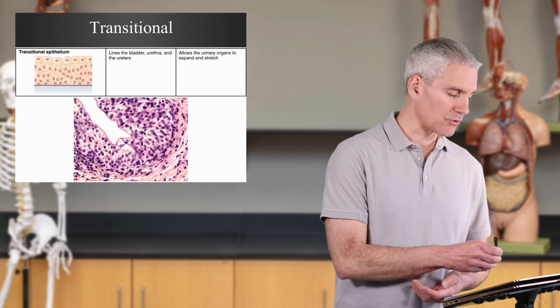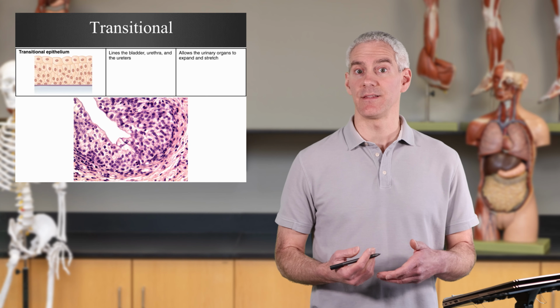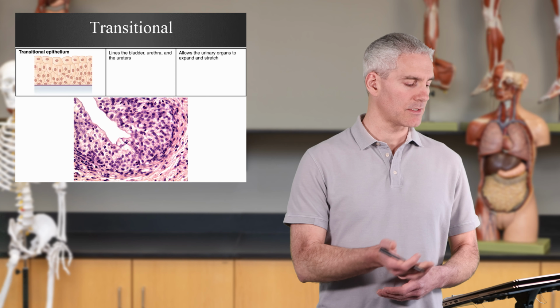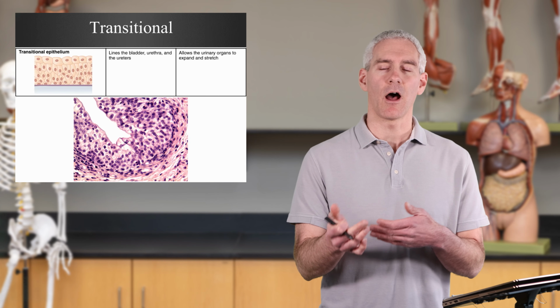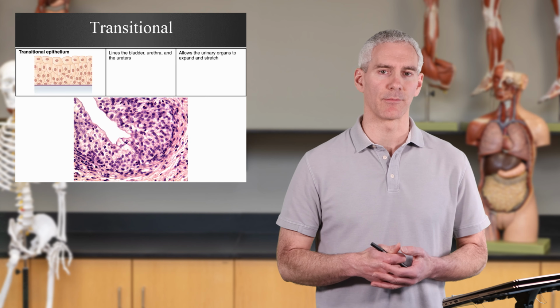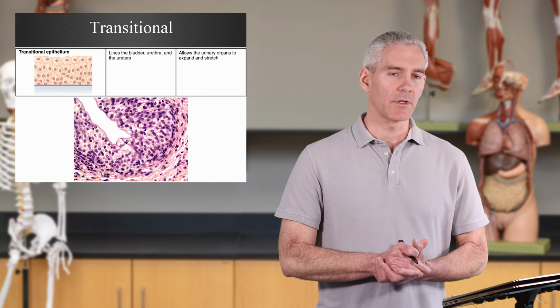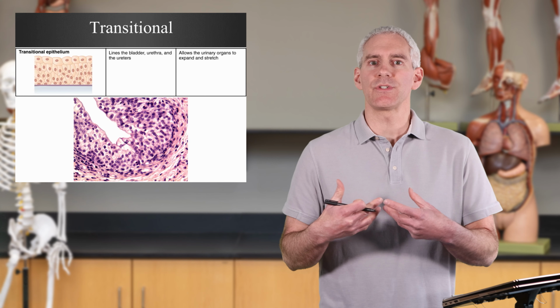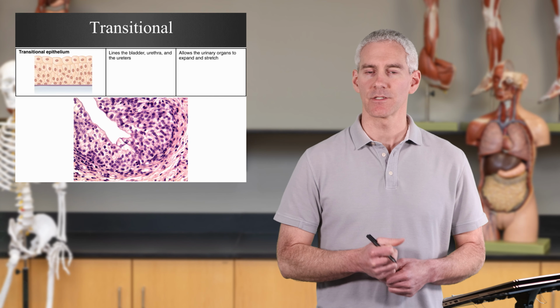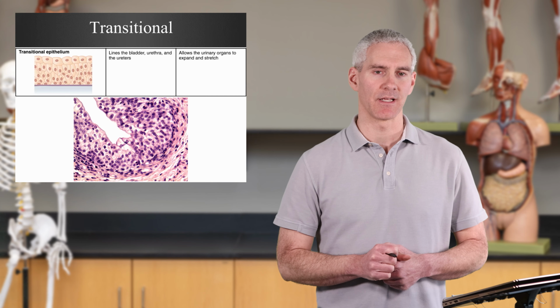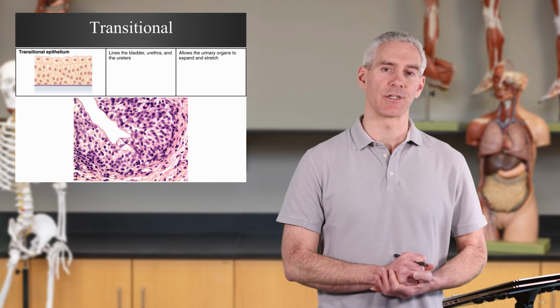So this is your transitional tissue found in the urinary bladder, found also in the ureters. Ureters go from the urinary bladder up to the kidneys, or kidneys down to the urinary bladder, I guess. So what we're looking at here is the ability to stretch or expand, the term distension. So stretching or distension is going to be the transitional epithelium.